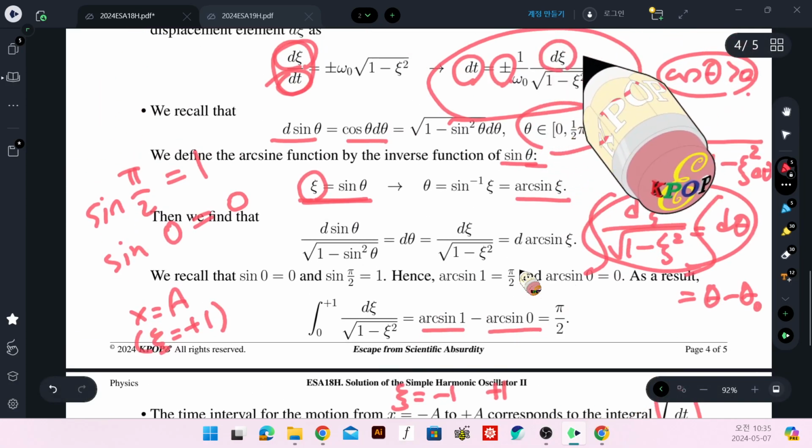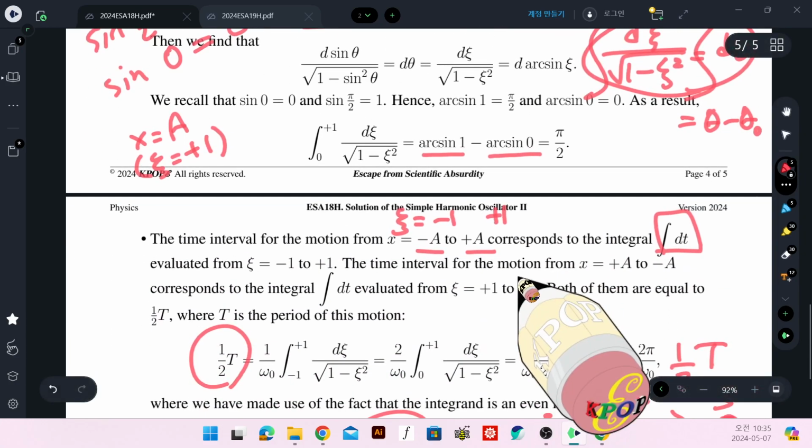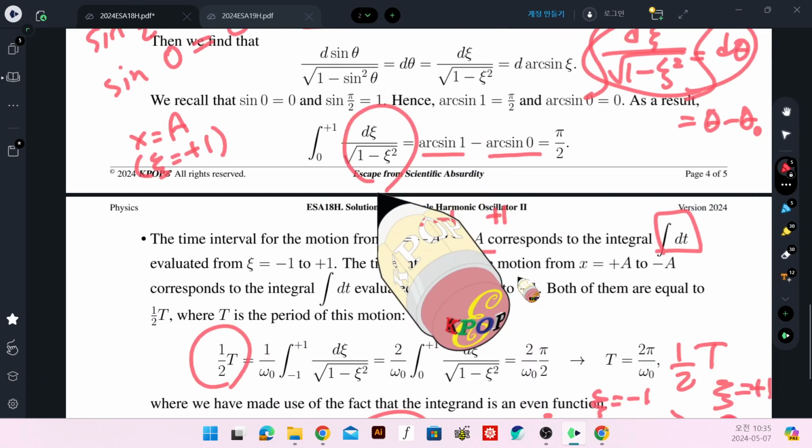We integrate over xi and we make use of this relation.